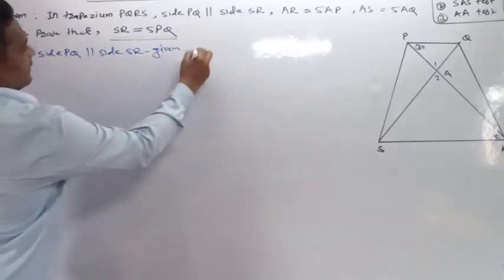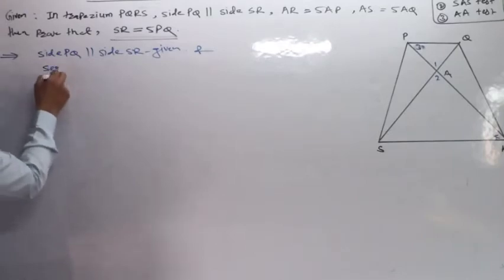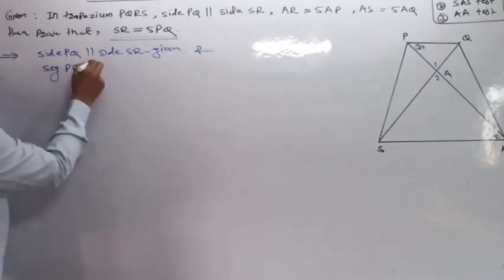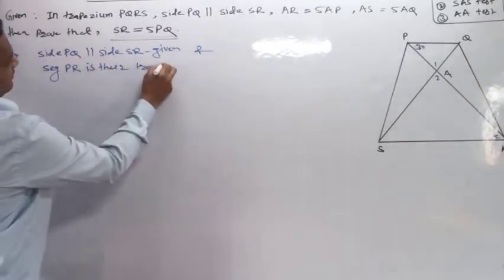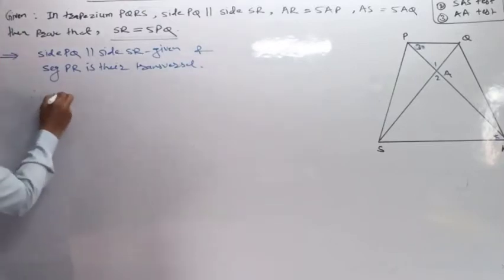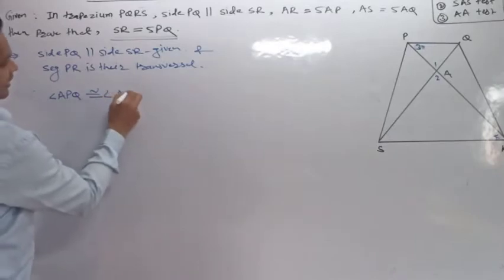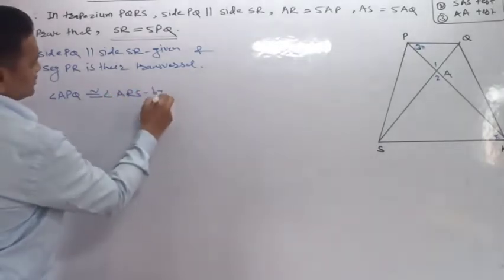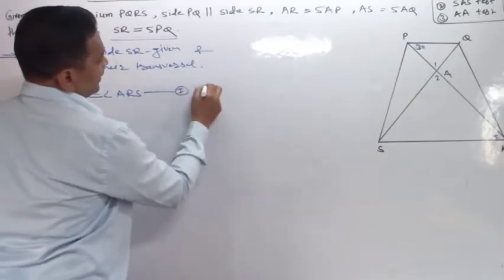And PR is the transversal. Therefore, angle APQ is congruent to angle ARS, alternate angles.